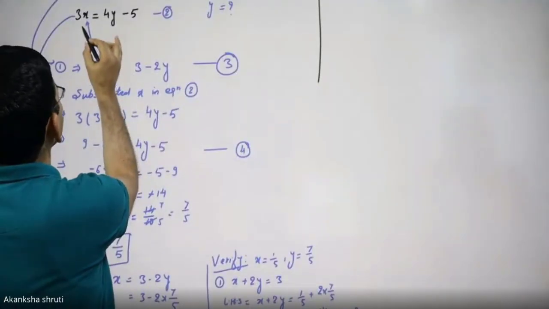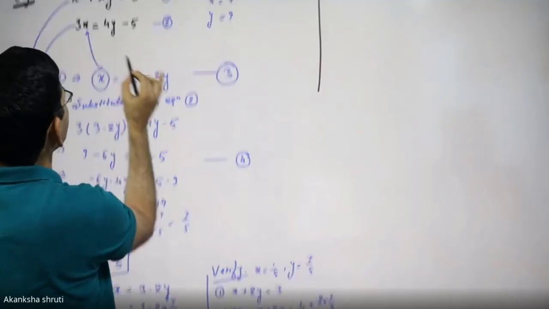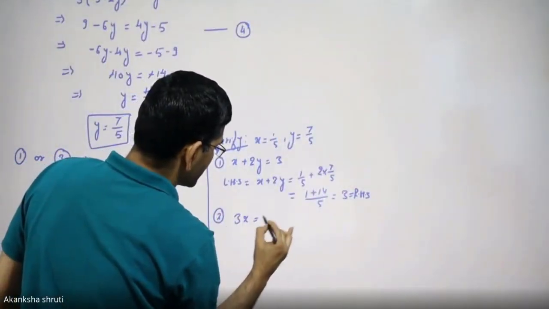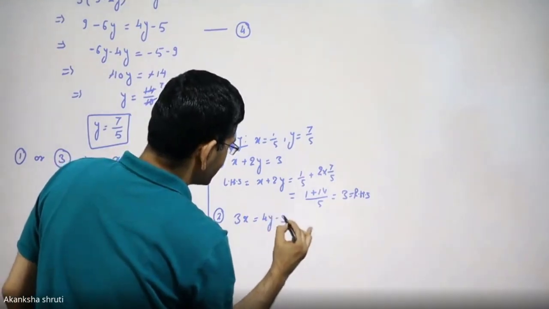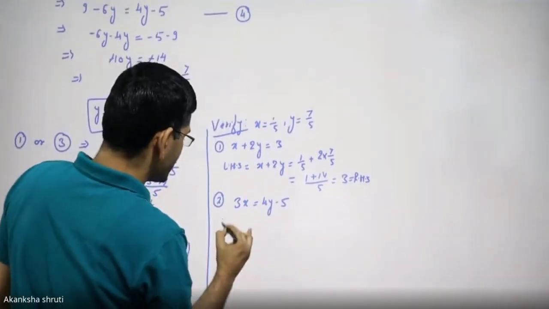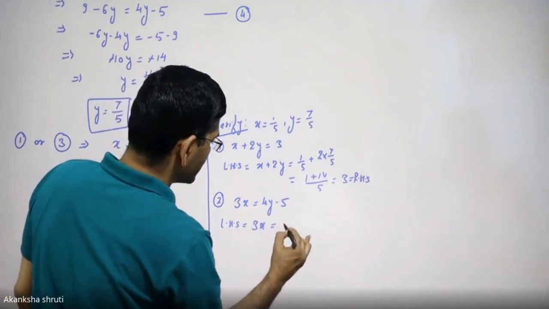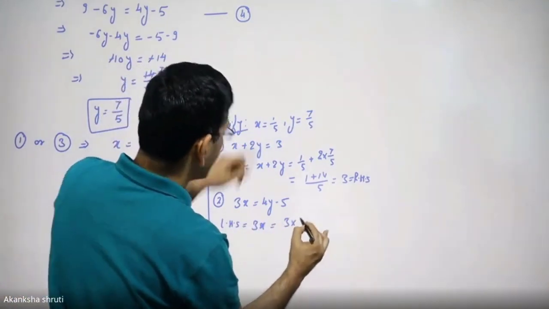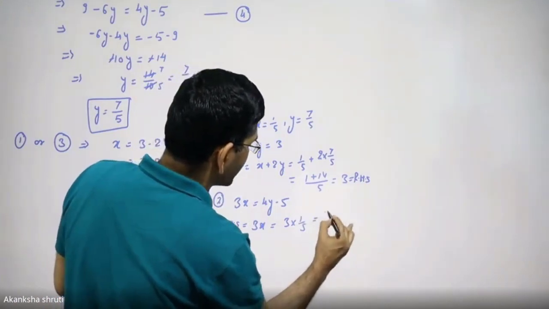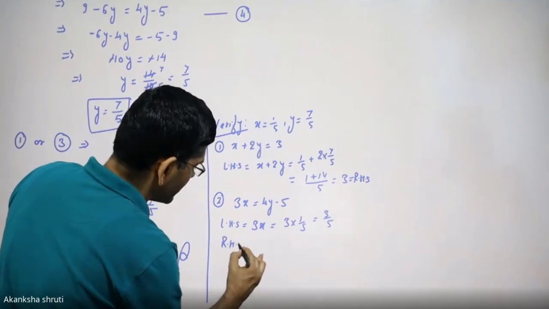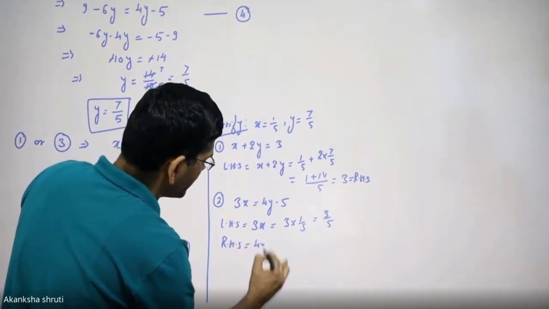Our equation 2 is 3x is equals to 4y minus 5. What is our LHS? Our LHS is 3x. Substituting 3 into x is 1 by 5, it is our 3 by 5. But our RHS is in terms of y, 4y minus 5.